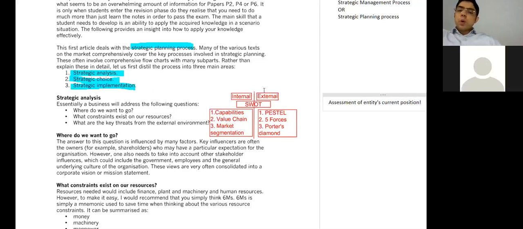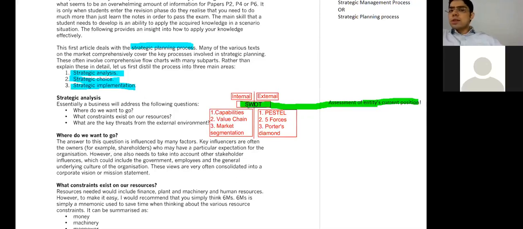So there are both elements of it. As far as the assessment of the entity's current position is concerned, a popular framework that entities use is SWOT analysis, which is basically a tool used to assess the entity's current strategic position.